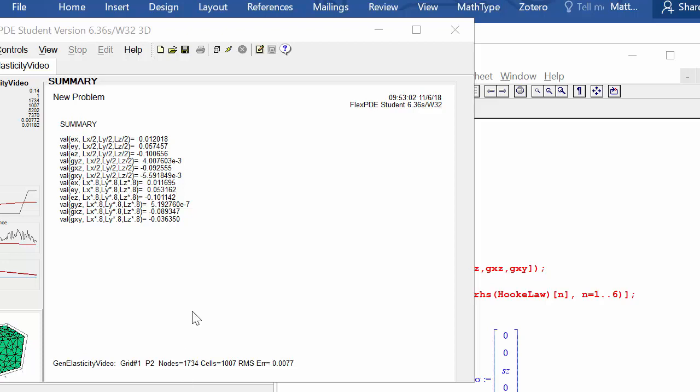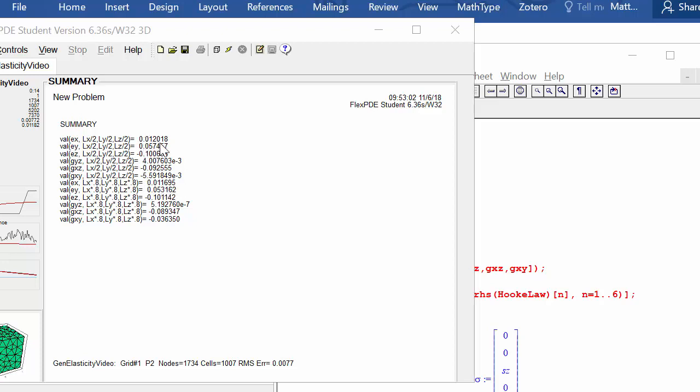To give a clue about why the answers might be different in Flex versus Maple, I've gone and recalculated the same things in Flex, but at a different point. So rather than at halfway through the cube, we've gone 80% towards the top right corner from the bottom left corner, and now you see that we've moved to different values.